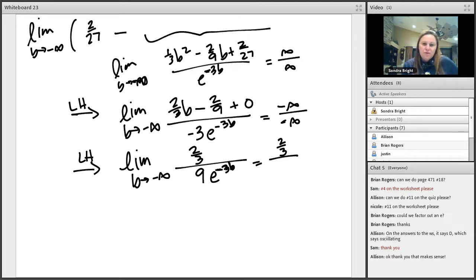infinity. You could always picture what the graph looks like too, right? It's e to a negative, just y equals e to the negative whatever. The graph looks like this, and so the limit as x is going to negative infinity, oh look, you're going to positive infinity.